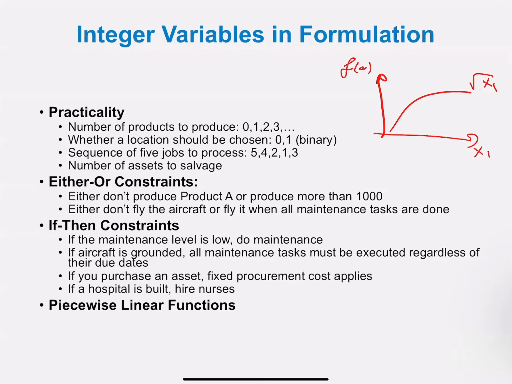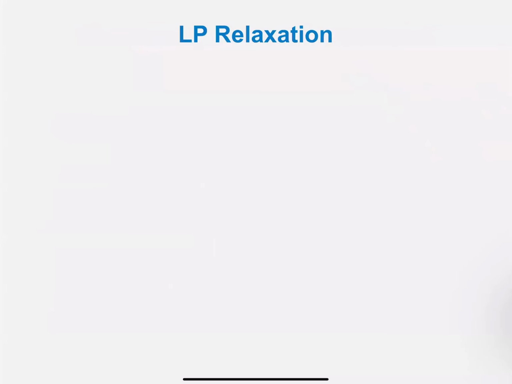For cases like that, you can break that function into pieces that are linear, and then with some techniques you can introduce 0, 1 variables that tell you which part of the function is your objective function. Is it 1, 2, 3, 4, 5, 6? For cases like that, we will also end up introducing 0, 1 binary or integer variables.